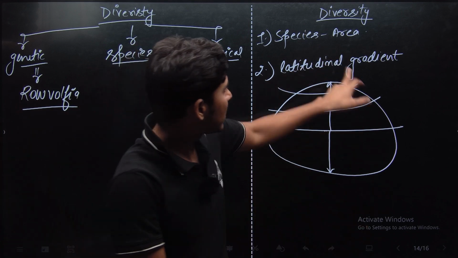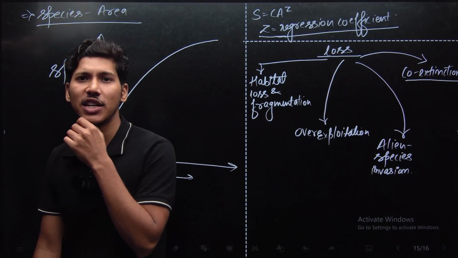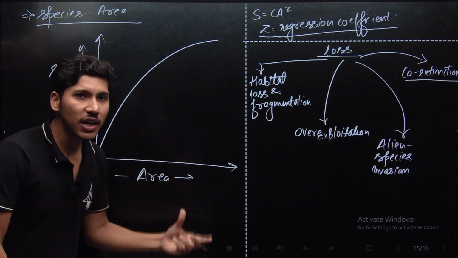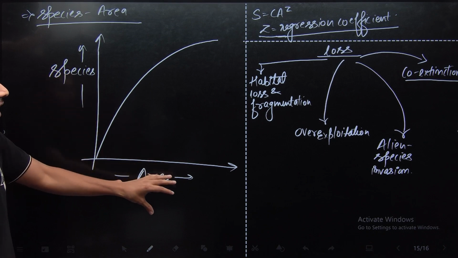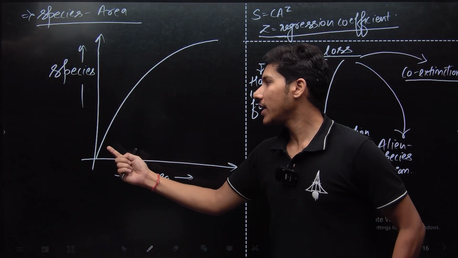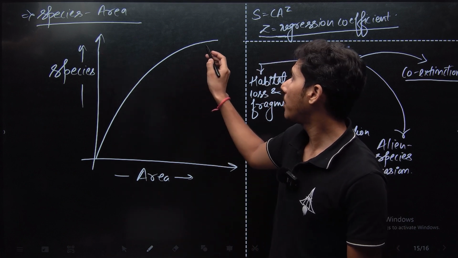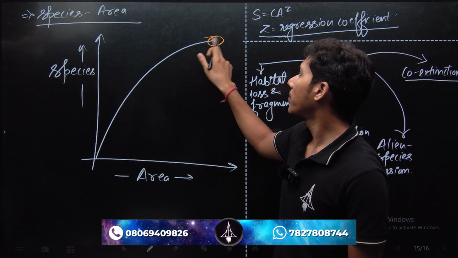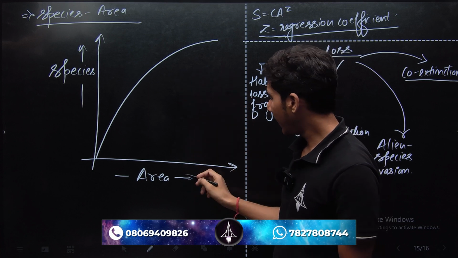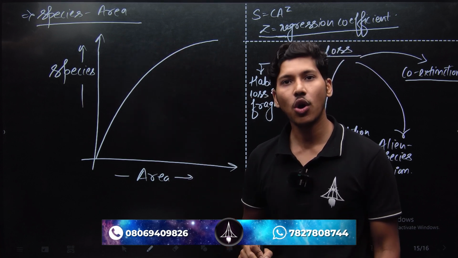Now, species area relationship. If we plot a graph between the species and the area, it will look like this. Initially, with the increase in area, the number of species will also increase. But a time will come where you keep increasing the area covered, but the species number will not increase at all.